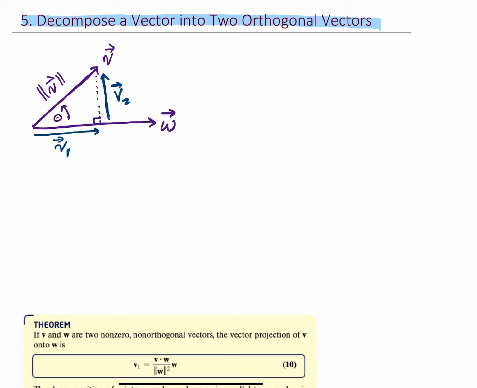This v1 vector has a particular name. You can almost imagine that this vector v is like dropping a shadow onto vector w. We call this the projection of v onto w.